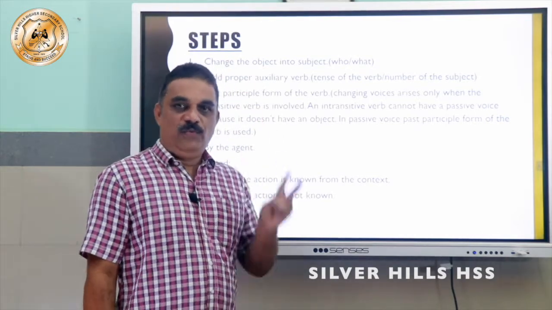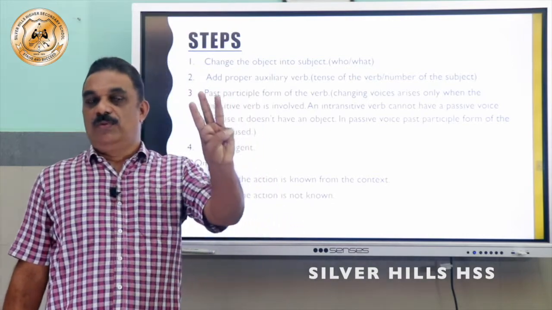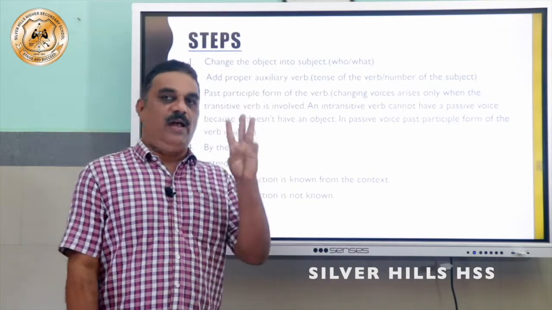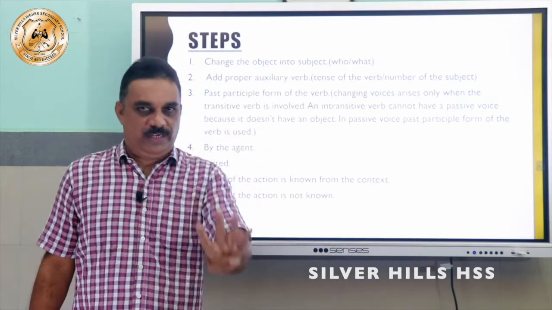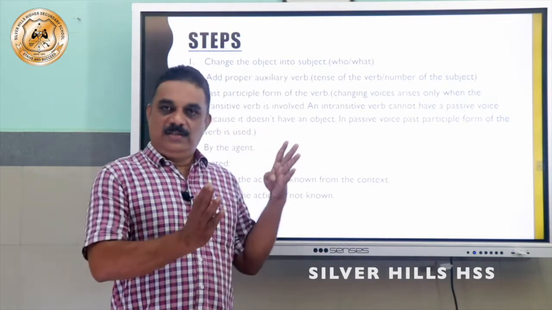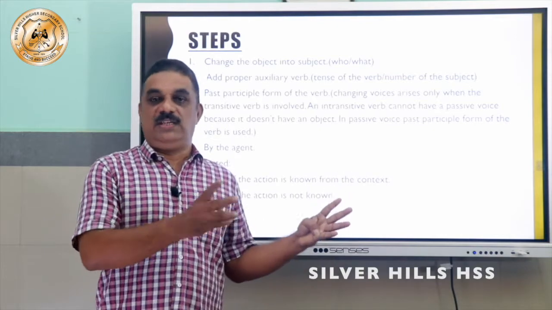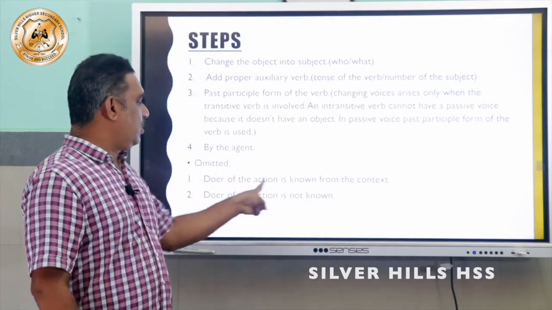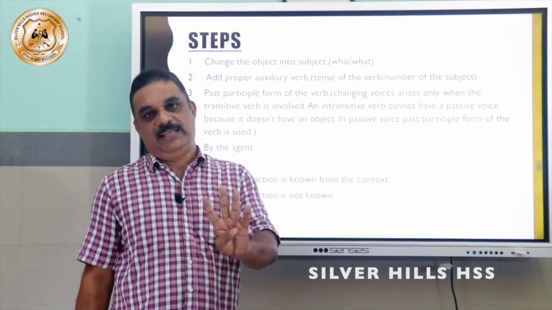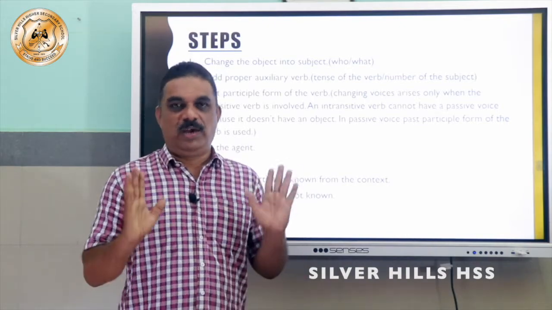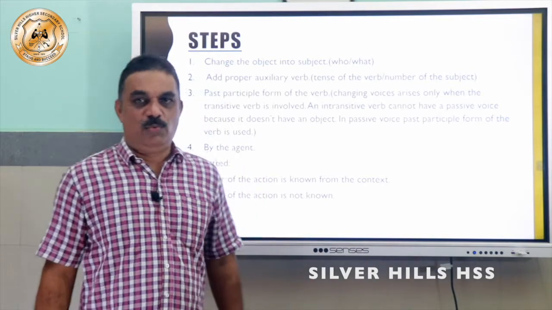Third one, V3 form of the verb is added. And last one, by the agent you can write. You have to write by the agent in particular context, but if these 2 situations come, never write by the agent. No need of mentioning by the agent here. Now, shall we move to the next one?